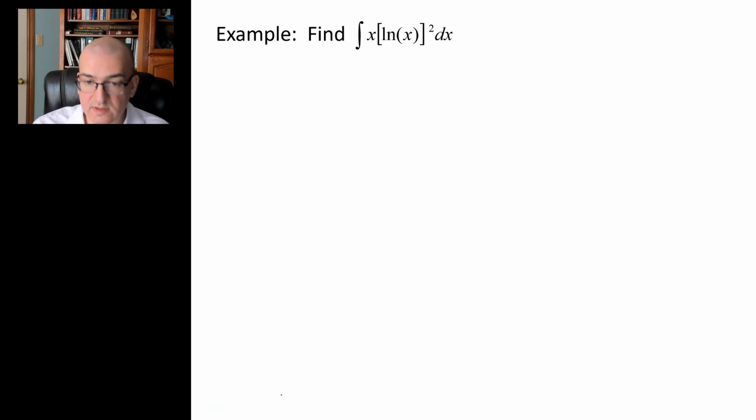So let's deploy the LIATE acronym to figure out what this antiderivative is, x times ln of x squared. What's a little bit misleading of what we're doing right now is that all these integrals are covered under the umbrella of integration by parts, because this note in this video is called integration by parts. But when you're doing an integral, you don't necessarily know that.